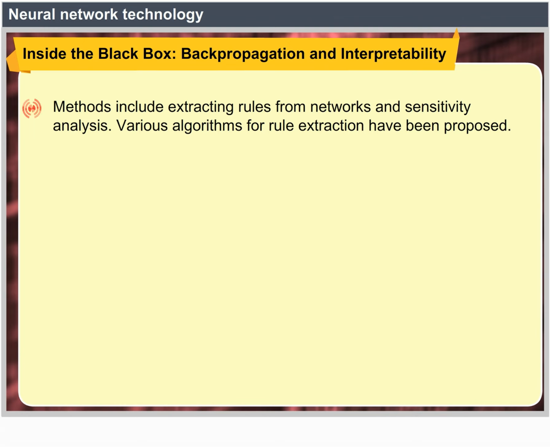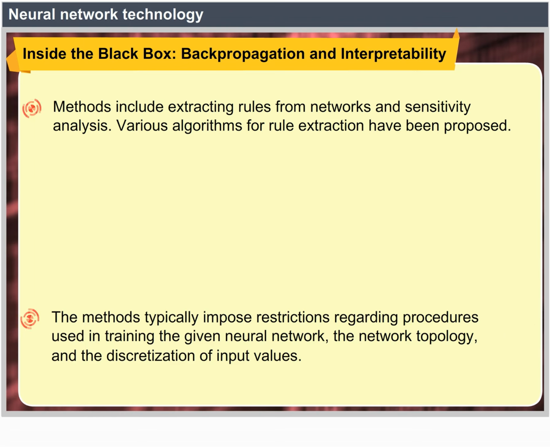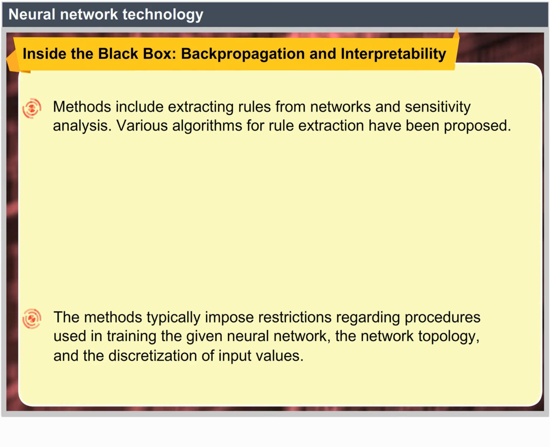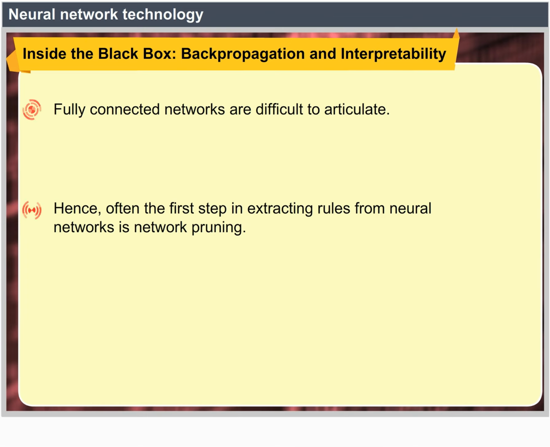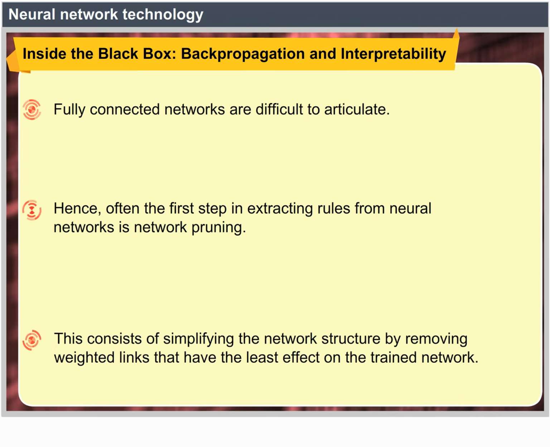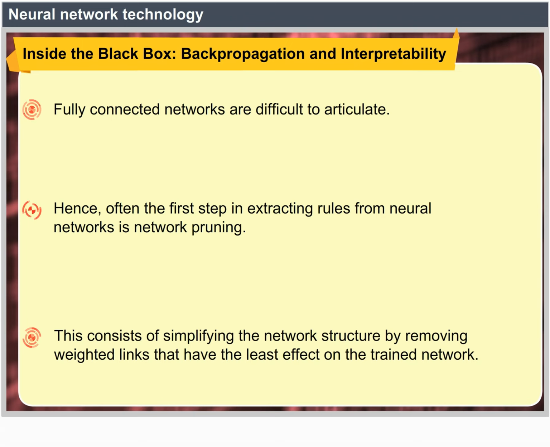The methods typically impose restrictions regarding procedures used in training the given neural network, the network topology, and the discretization of input values. Fully connected networks are difficult to articulate. Hence, often the first step in extracting the rules from neural networks is network pruning. This consists of simplifying the network structure by removing weighted links that have the least effect on the trained network.